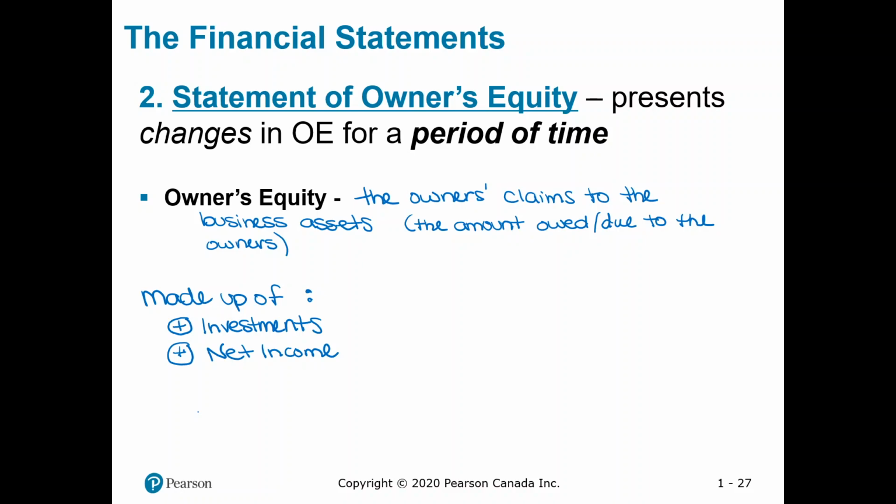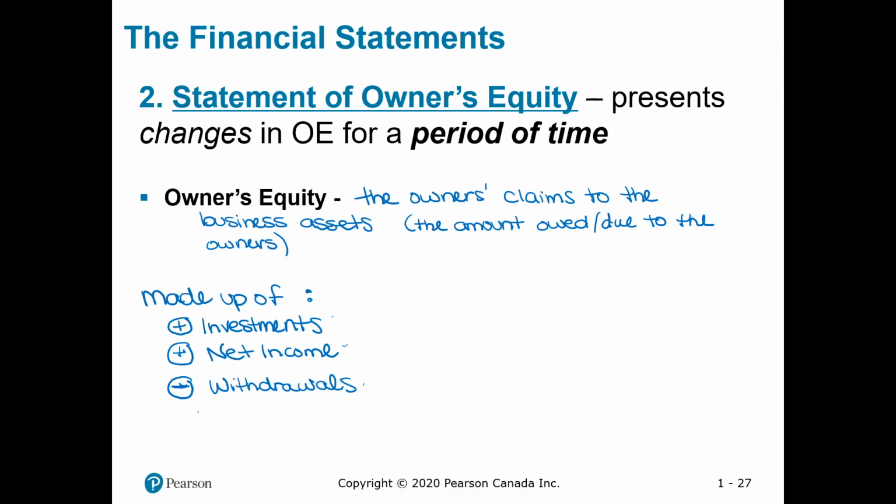So we add that in, but then we take away or subtract any withdrawals that have already been made by the owner. And that, at the end of the day, is their ending equity, what's still owed to them. So they put in an investment, the company makes income, and then as the owner takes it away, that's them claiming some of that. So we subtract that amount in our statement.